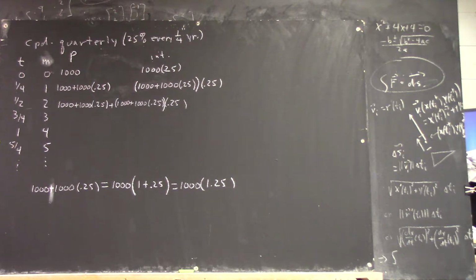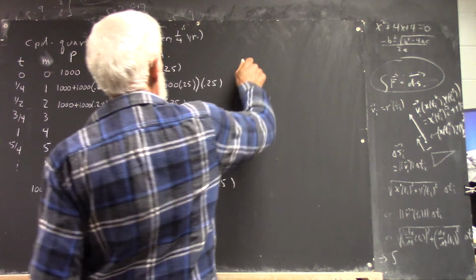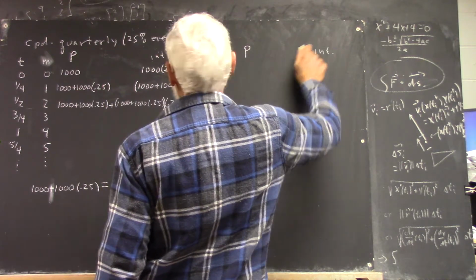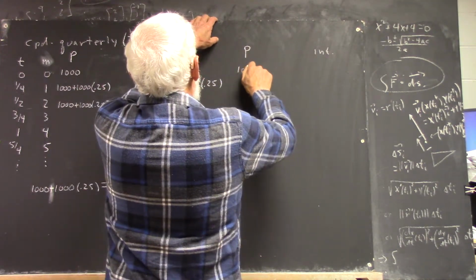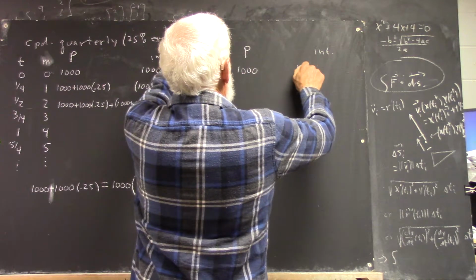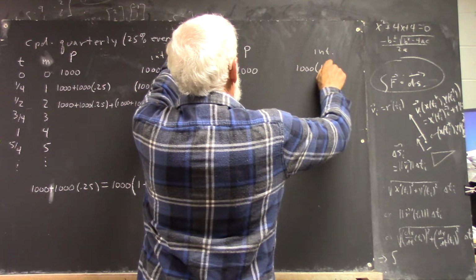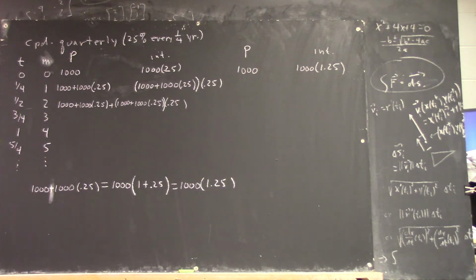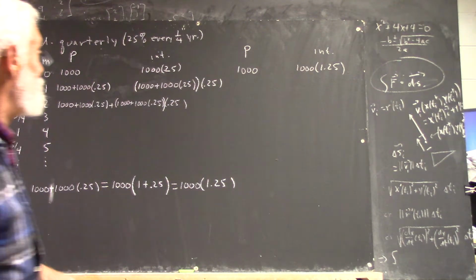So now I can write this a little more compactly. I can write my principal here and my interest here. Now it's still 1,000, but now I'm going to write my interest as 1,000 times 1.25.